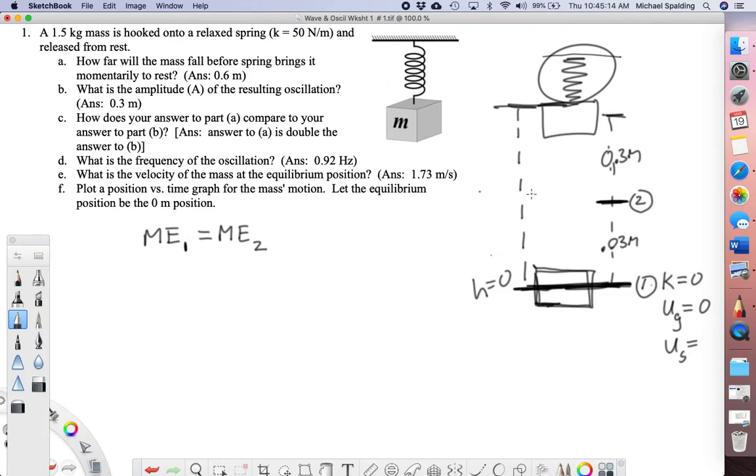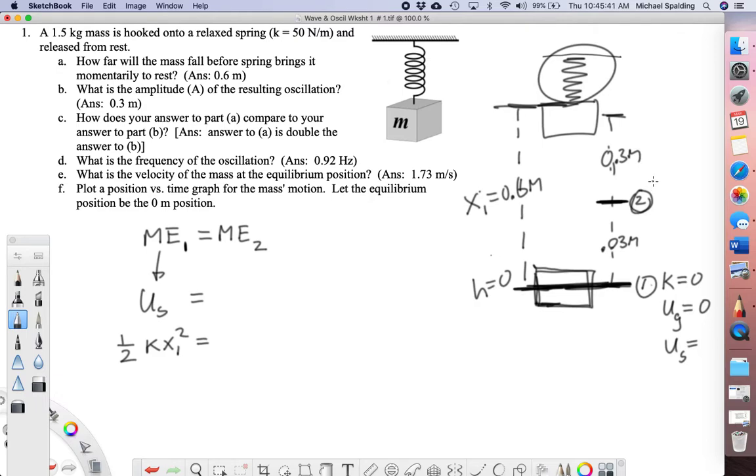The distance that the spring got stretched from up here to the lowest point is x1, and that is 0.6 meters. So mechanical energy 1, this simplifies down to potential of spring, which is going to be equal to 1/2 kx1 squared.